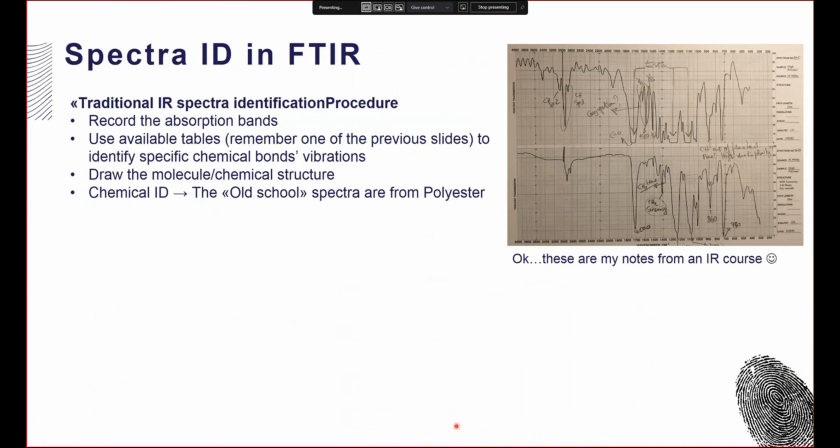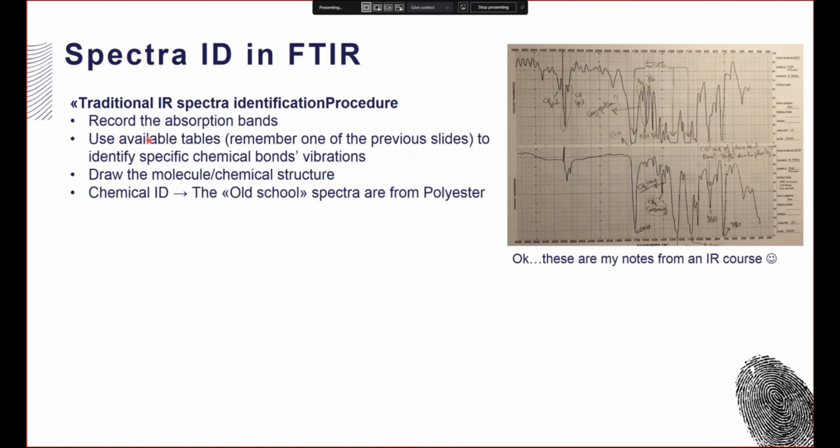How do we identify our spectra in FTIR spectrometry? Originally and traditionally, what we had to do back in the days, and I also did it, was to record the absorption bands. They can be printed on millimeter paper, and then we can use the available table, like the one I showed you in one of the previous slides, to identify specific vibrations of the chemical bonds.